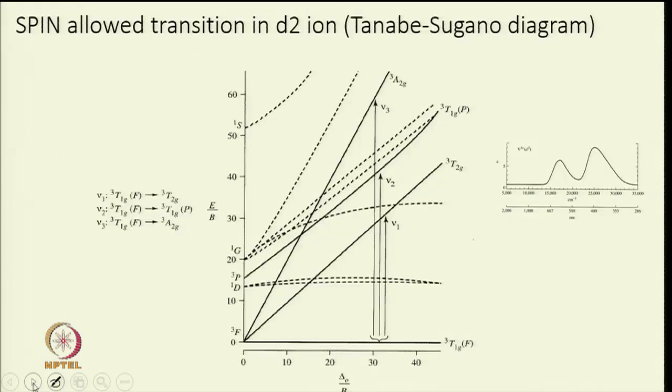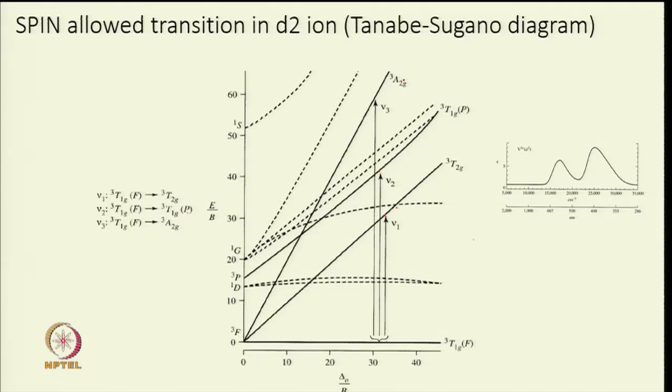This is the spin allowed transition of the D2 ion, and from the ground state, transition can take place to this one, 3T2g. So, 3T1g to 3T2g, 3T1g to 3T1g(P), and 3T1g(F) to 3A2g.